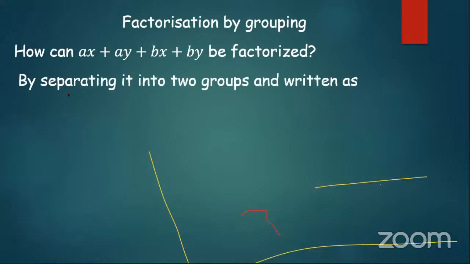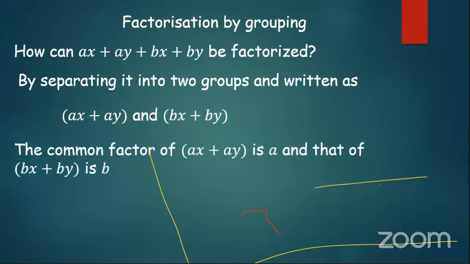So we said we put this into 2 groups of A. So we shall group it as AX plus AY into BX plus BY. So after grouping, we identify the common factors in both the pairs.